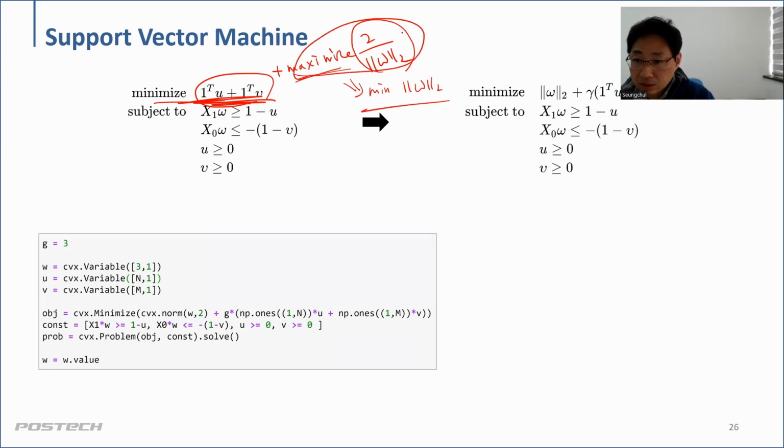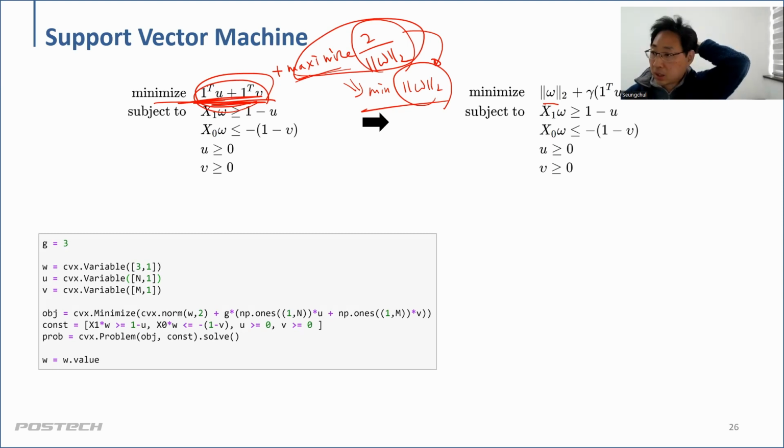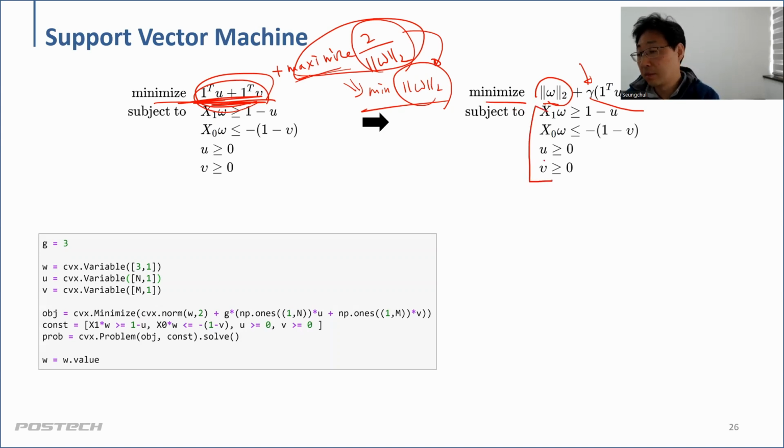So I want to change that maximization problem into a minimization problem. Now we have two terms that we're supposed to minimize. As you already saw in regularization, in the overfitting problem, we have multiple terms in the objective function, and then we can introduce tuning parameters like weights. So we have two terms in the minimization objective function. The constraints are the same as the previous one.